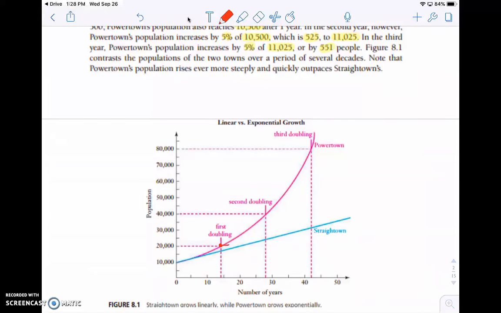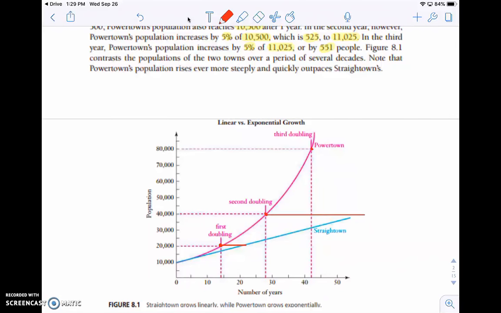And then if we come across, the doubling for Straytown is in the 23-ish years range. The second time the population doubles for Powertown is 27-ish, 28-ish years away. But if we look across for Straytown, it's going to be more than 50 years away when it gets that second doubling, and then we get a third doubling and so forth.